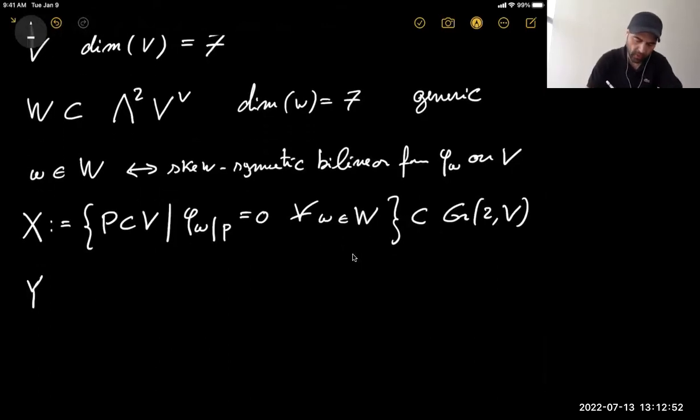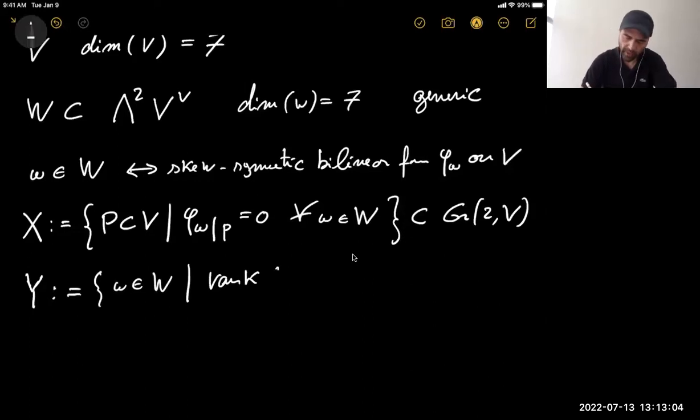Also, out of this data you can consider Y. Y is defined as those elements in W whose skew-symmetric bilinear form has rank strictly less than 6, and this sits inside the projectivization of W.